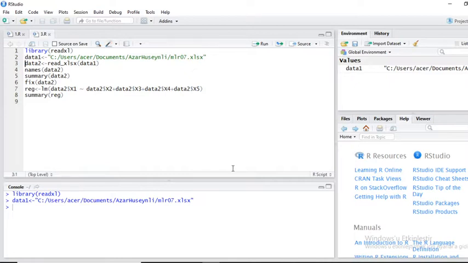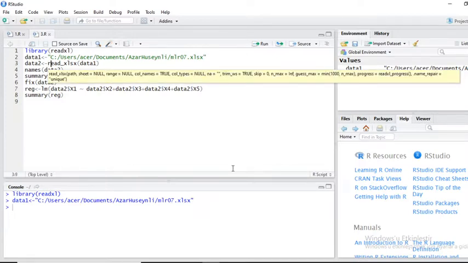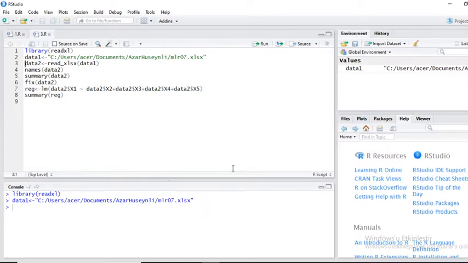Also I want to import it into RStudio, so I denote it with a name and an equality sign. It means we equate the right side to the left side of the equation. So let's run this line.